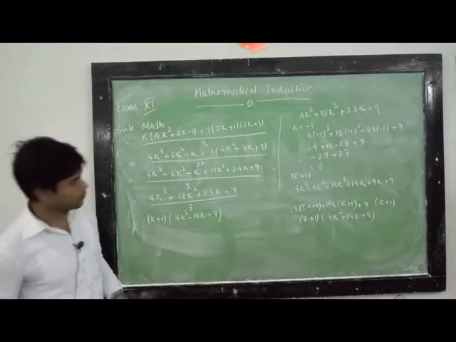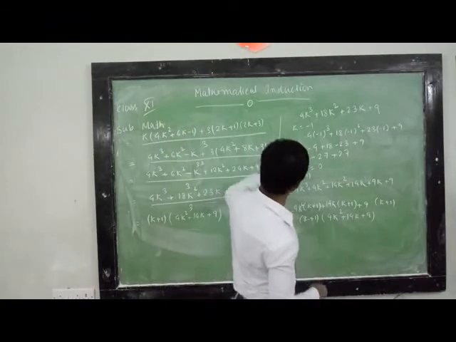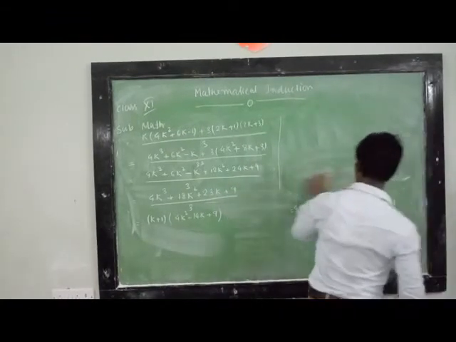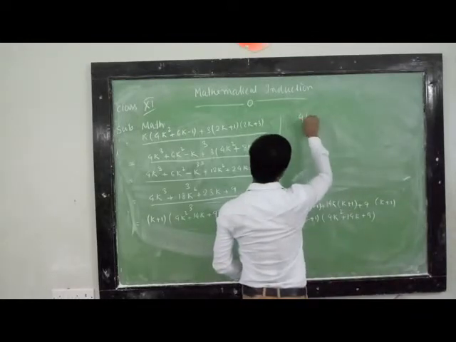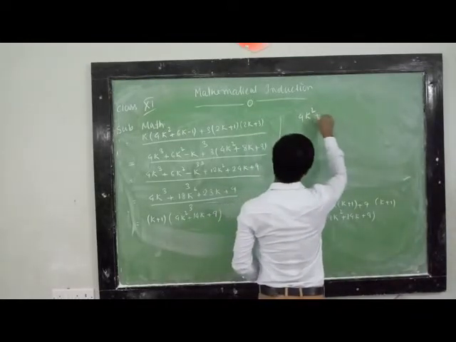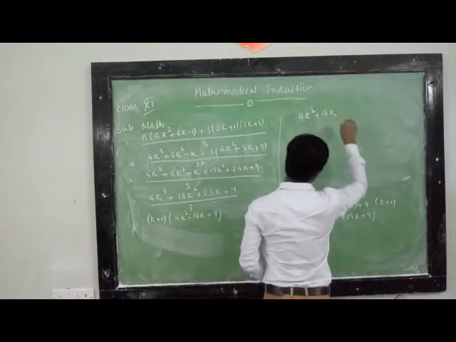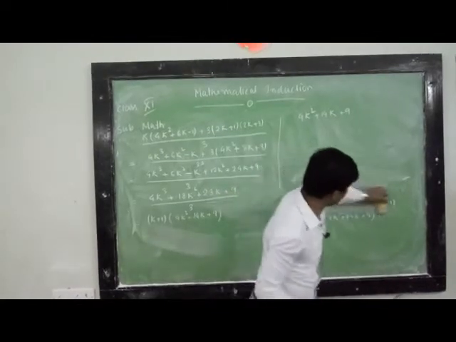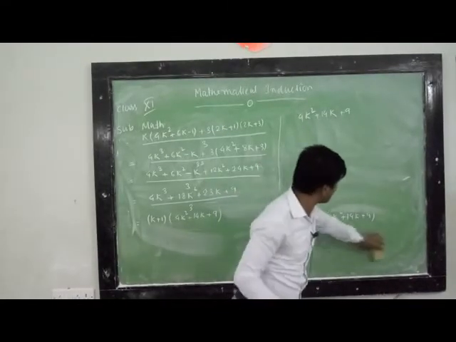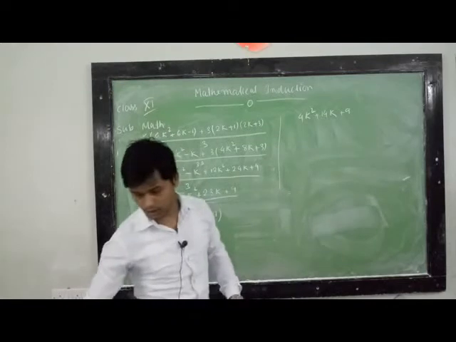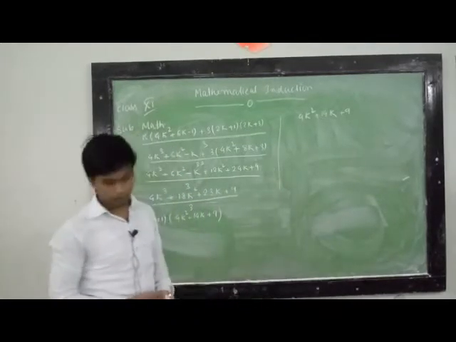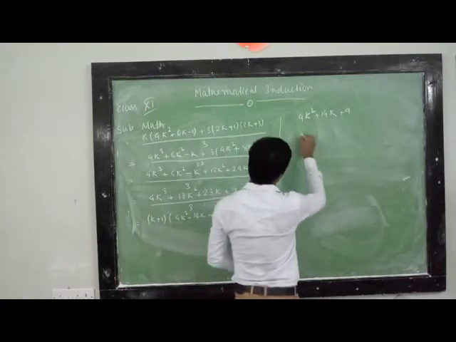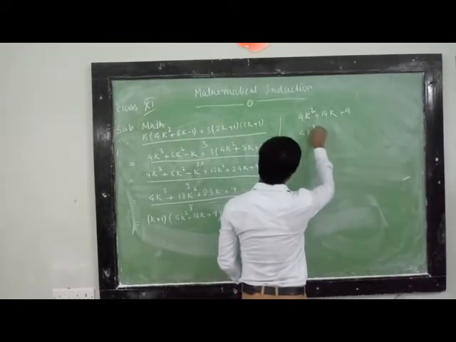Now look, we have to do a little more calculation here. The last line is 4k square plus 14k plus 9, and we have to proceed with this expression. So we are rewriting the equation, that is 4k square.